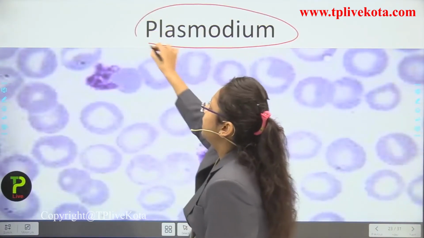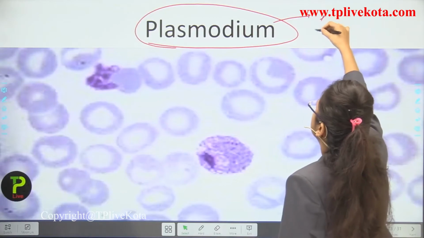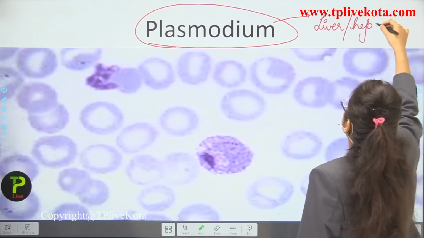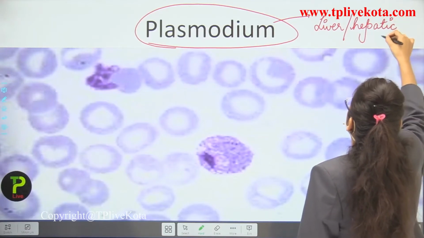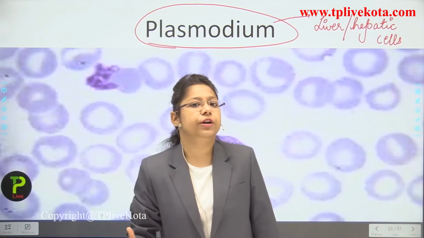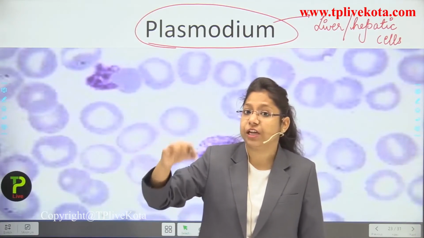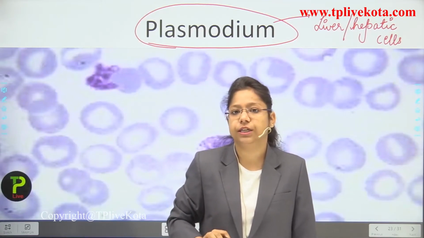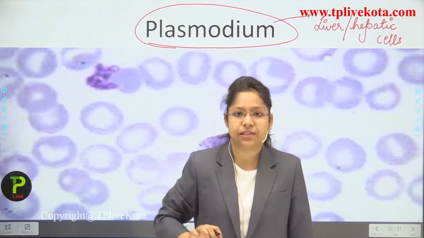Next, if we talk about plasmodium. So plasmodium is residing inside the liver, or we can say the hepatic cells of a person's body. Okay, now in our liver, the plasmodium is getting transferred from the female Anopheles mosquito. Actually, the female Anopheles mosquito is a carrier of plasmodium.